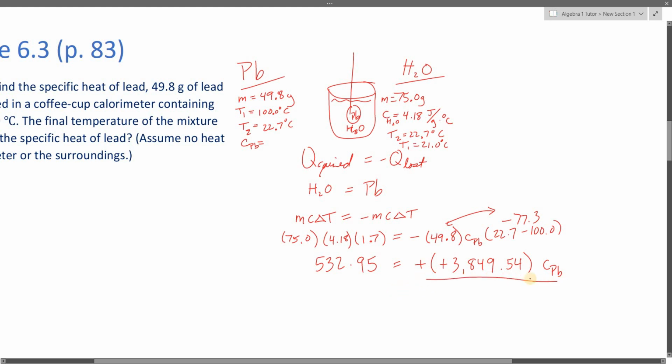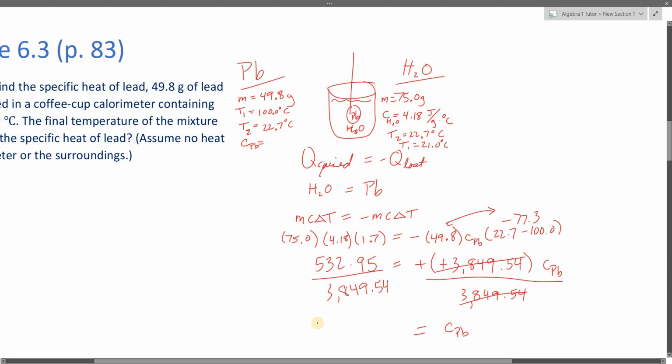Now at this point, the simplest thing to do is divide by the 3,849.54. So this gets canceled, this gets canceled. Do that on this side as well, 3,849.54. Then I'm left on the right side with the C of Pb, the specific heat of lead. I'll put this into my calculator.